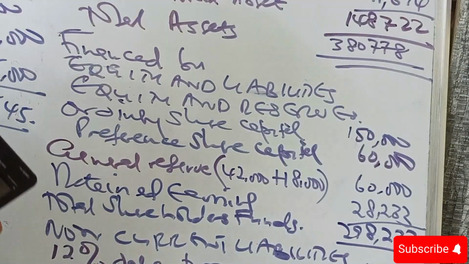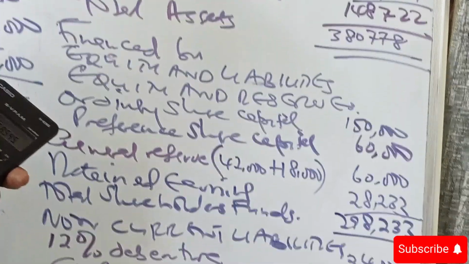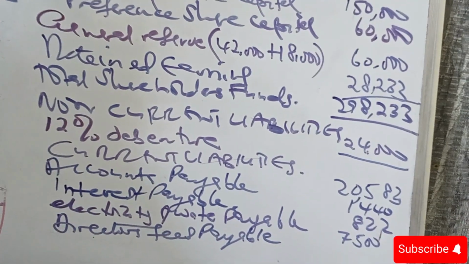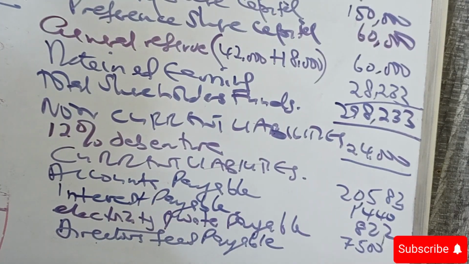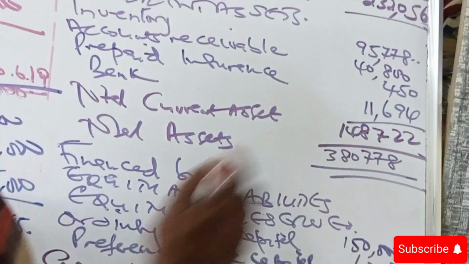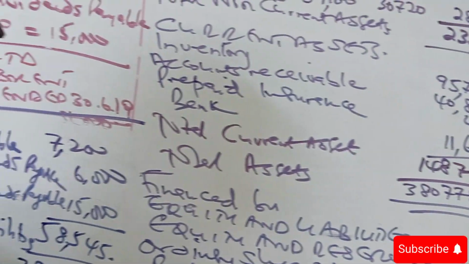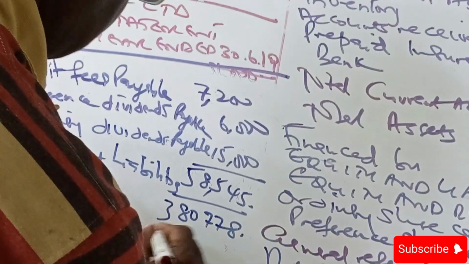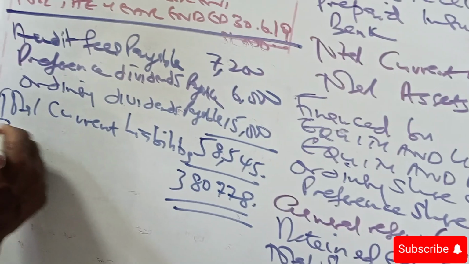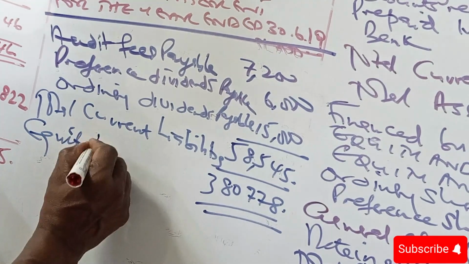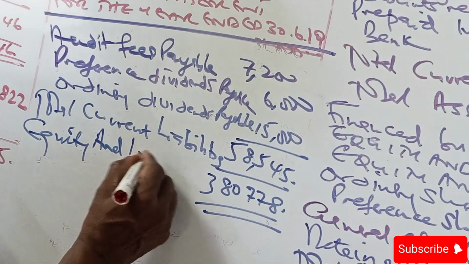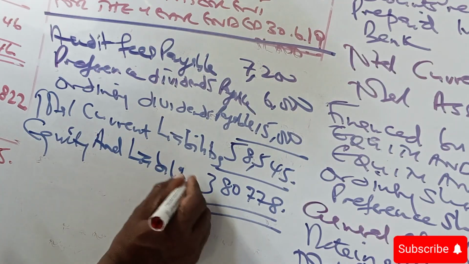So we add total non-current liabilities, 24,123, plus 298,233, we get a figure of 387,78, and it is the same figure as the total assets. So this is total equity and liabilities.